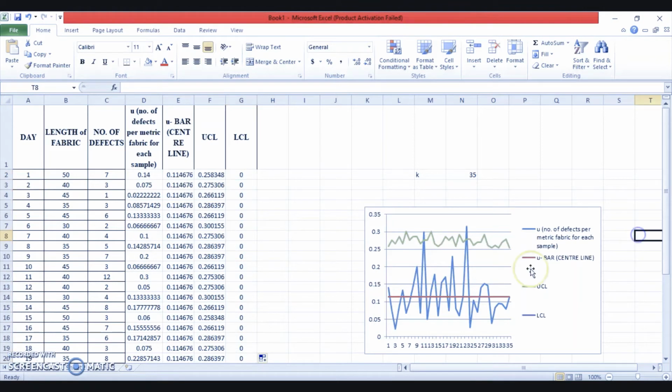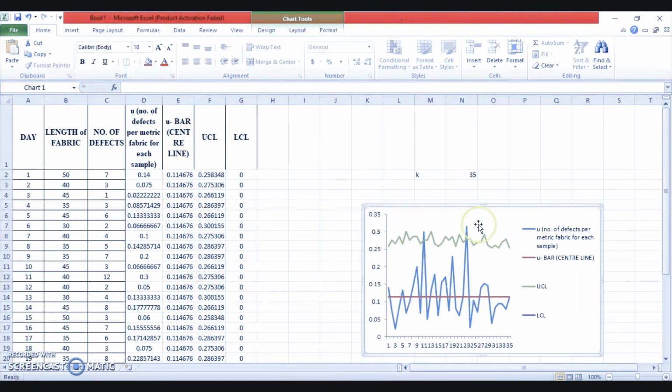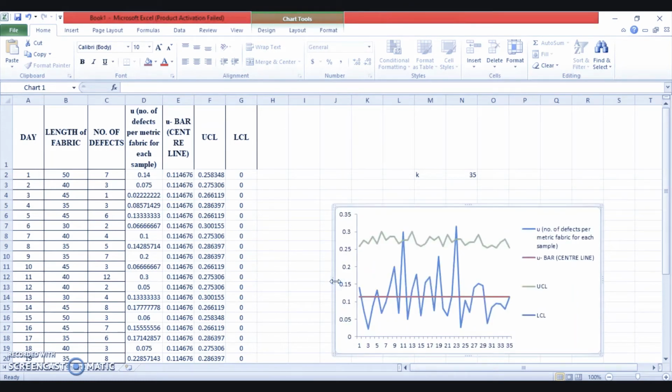Okay, for more clarity we'll just remove the grid lines, and after that I'll just expand it a bit. Now you can see this is your lower control limit, this is your upper control limit with lots of variations, and this red line is your center line, and the blue line represents the number of defects per metric fabric for each sample, right?